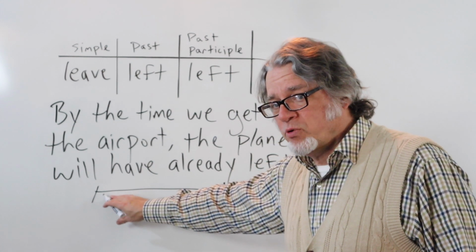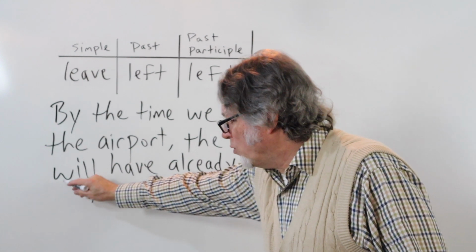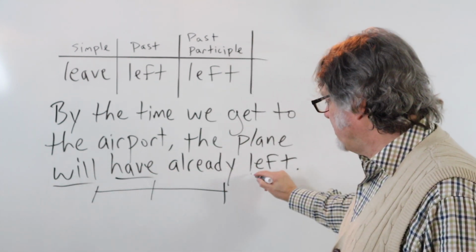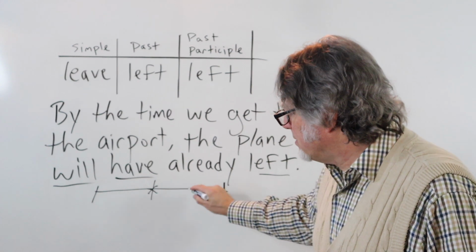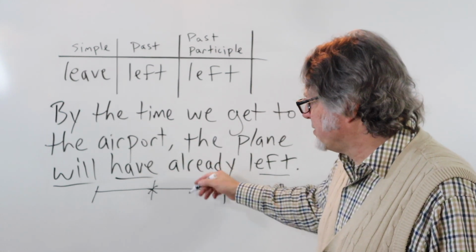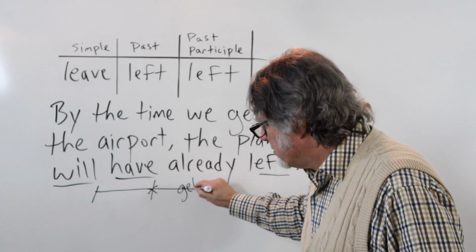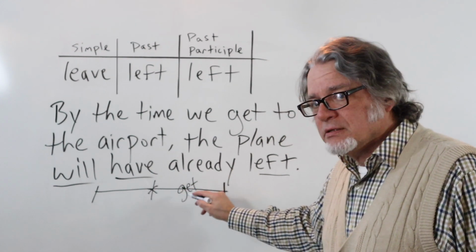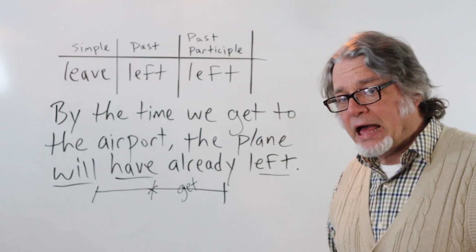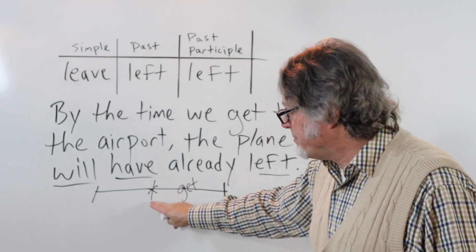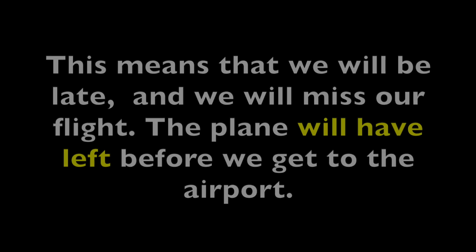You're heading to the airport and the plane will have already left at this point. And then whoever, in this case it's we, get to the airport, we arrive at the airport, but this happens after the plane has already left. So this will happen first, and then we arrive.